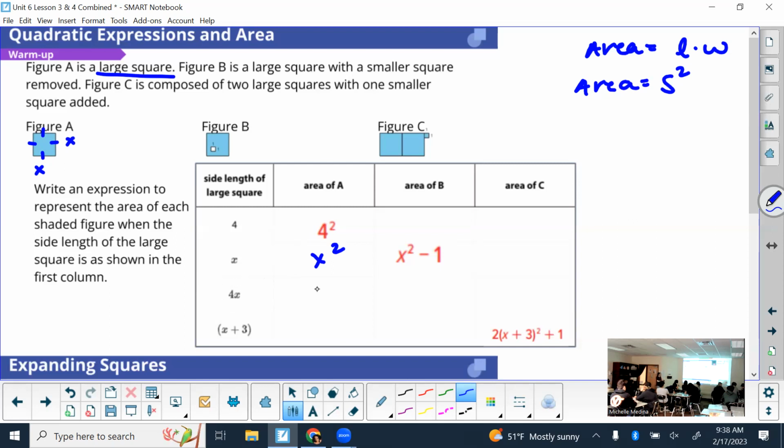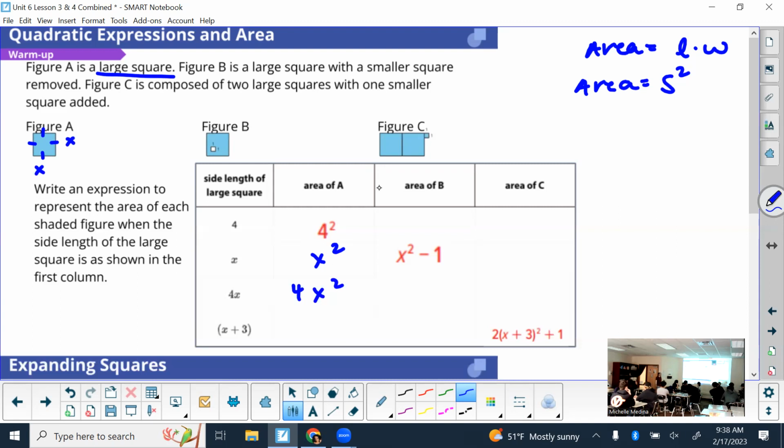What would be my area for A? Would it be written like that? Okay, who thinks yes, that we should leave it like that for that one?